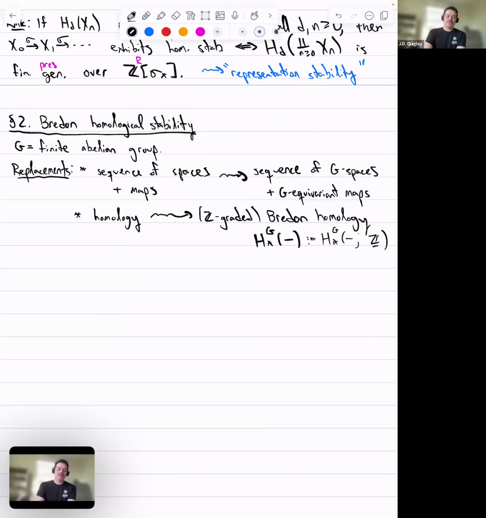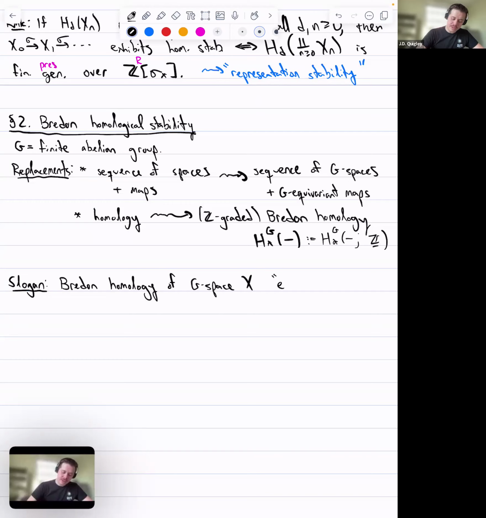Okay, so I don't want to define Bredon homology for you. Instead, I'm going to give you a little slogan, which hopefully tells you everything you need to know about it for this talk. So think of Bredon homology of a G space X as encoding information about the homology of the fixed points of X with respect to every subgroup of G. So think of it as encoding the homology of these fixed points.